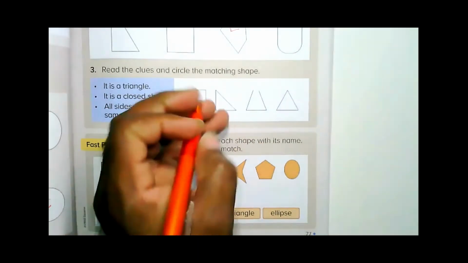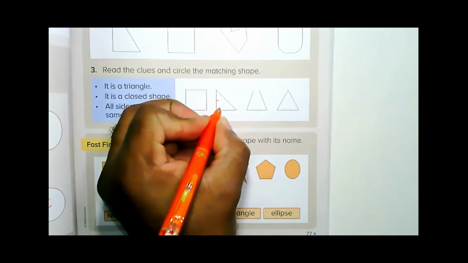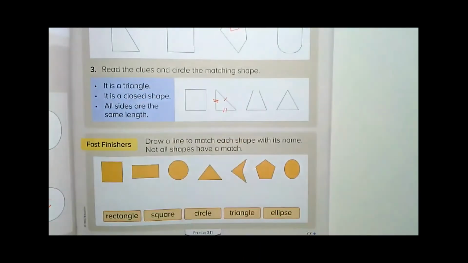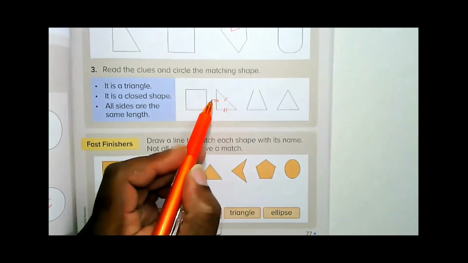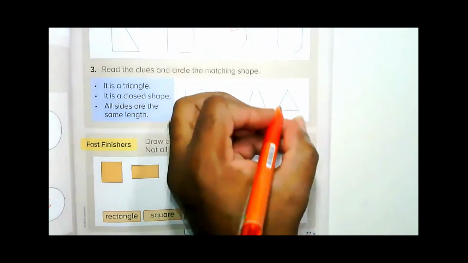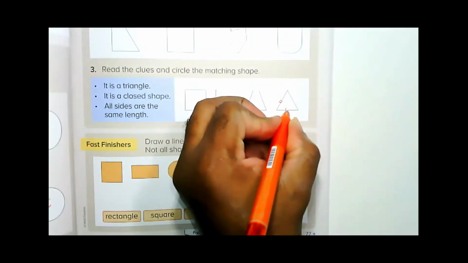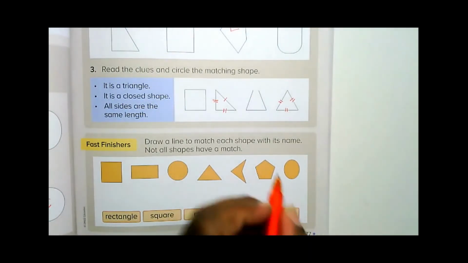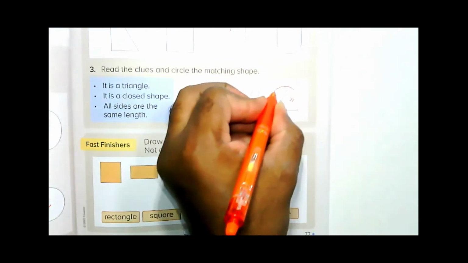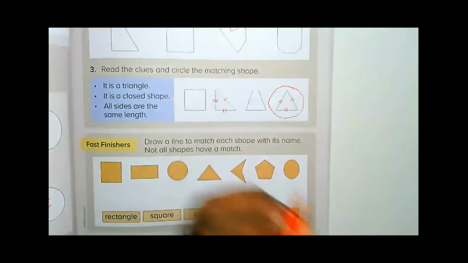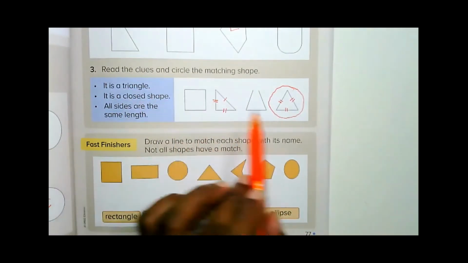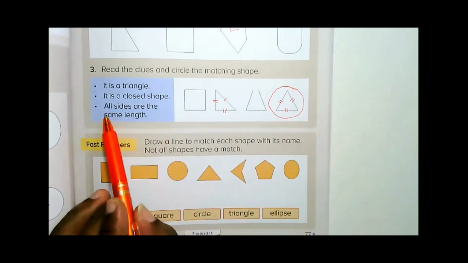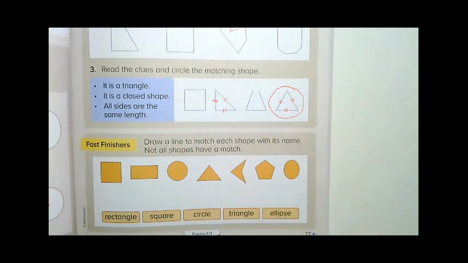These sides are the same, but this is not the same. It's longer than these two, so it's not. For this, they look the same length. They're all the same. So the right shape to circle is this triangle. It is a triangle, a closed shape, and all sides are the same length.